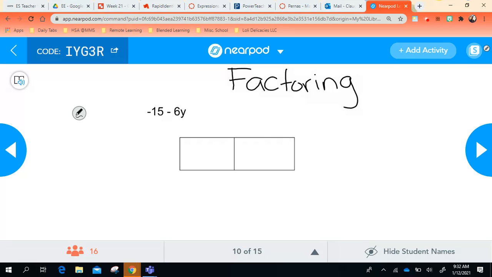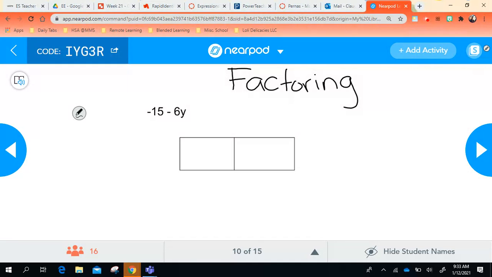Okay, so for factoring, you know how sometimes we write out a criteria for success? Well, I want us to write out a couple steps for factoring so that you can remember the difference between distribution and factoring.